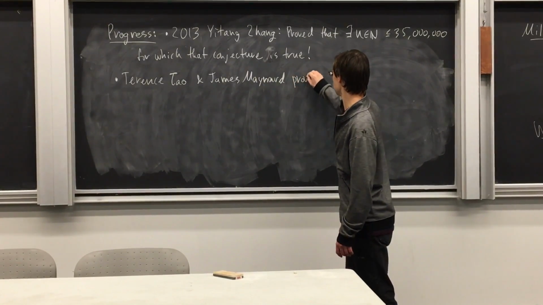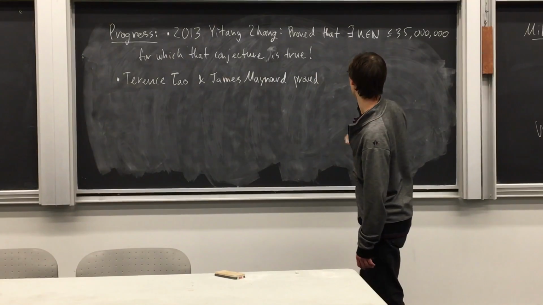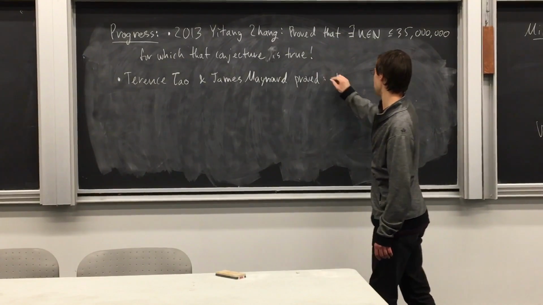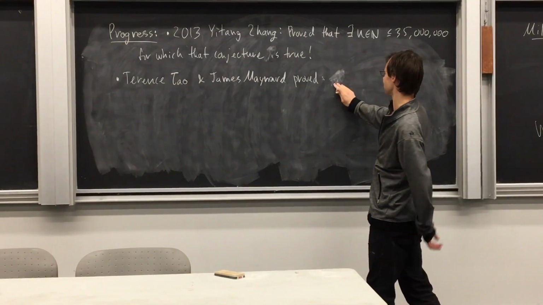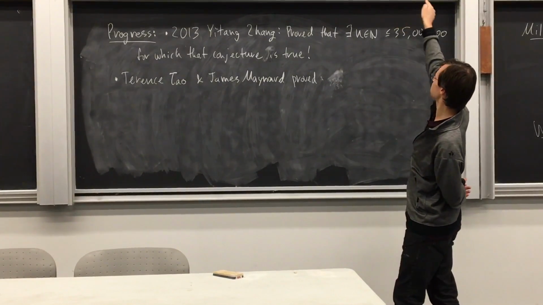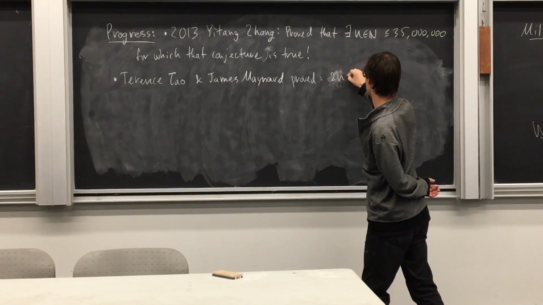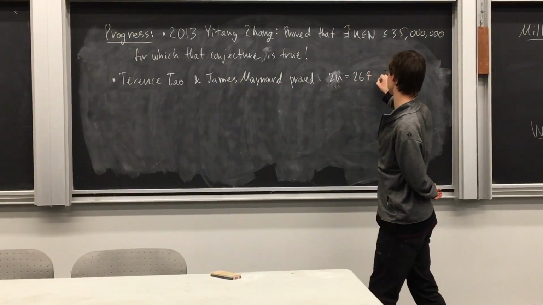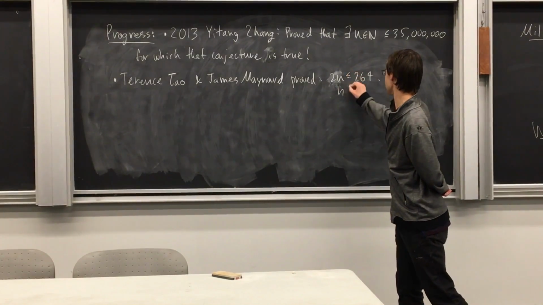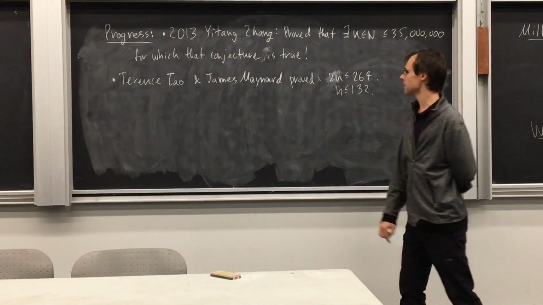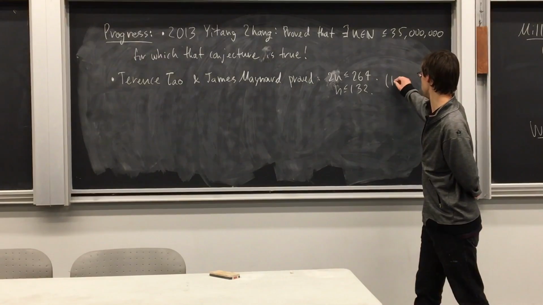Proved a stronger result, that 2n only has to be less than 264. So a major improvement. Now 264 is 2n. You guys do the division. 132. So n less than or equal to 132. A little bit more progress. This is 2014, by the way.